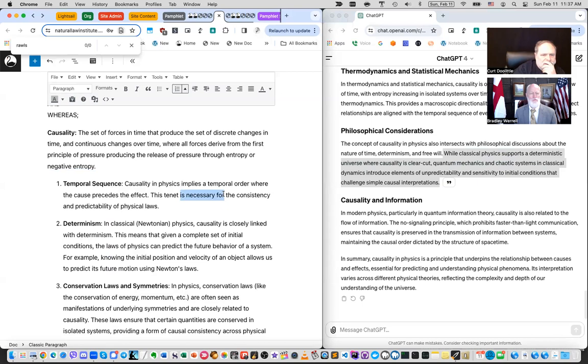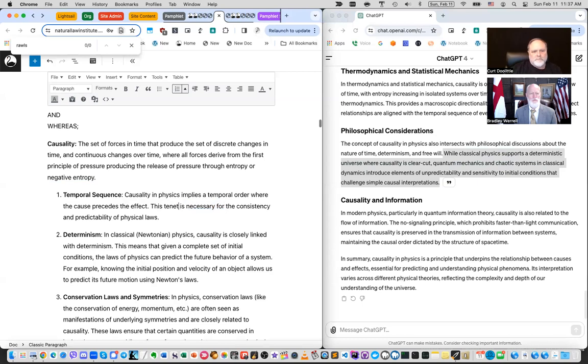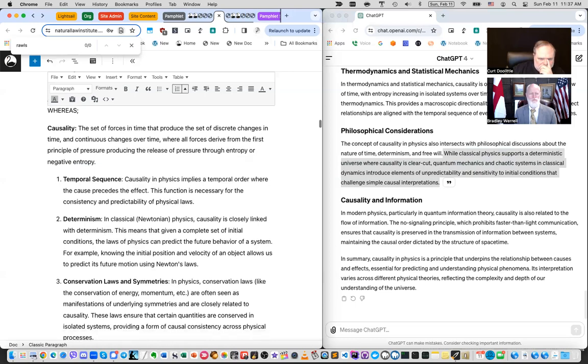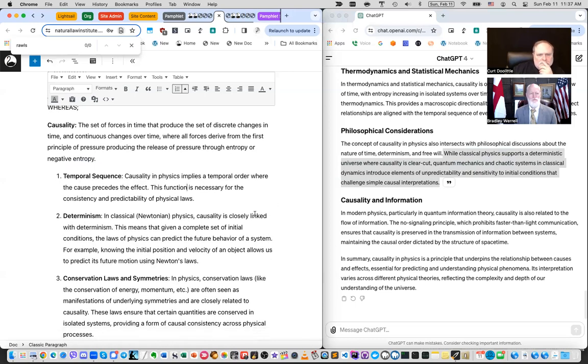Well, the tenet's the word. There would be this rule. This function. Same thing.